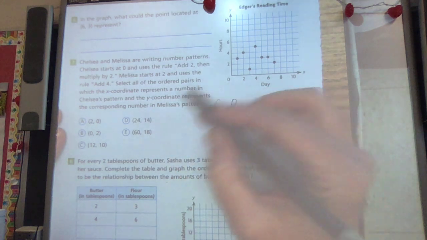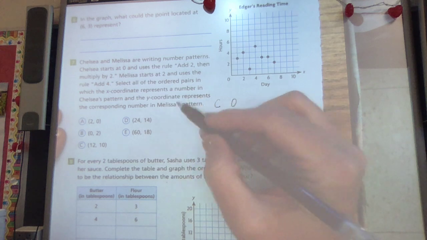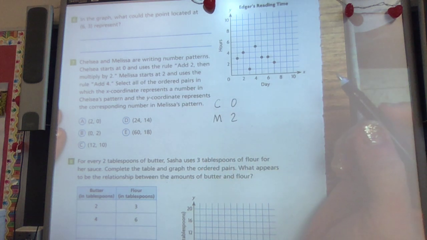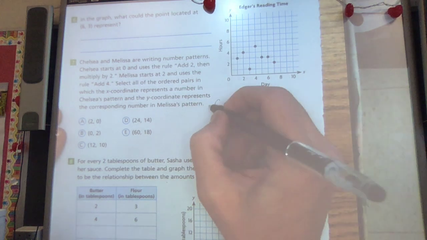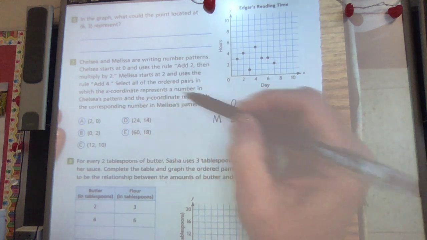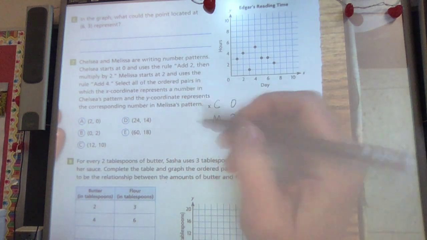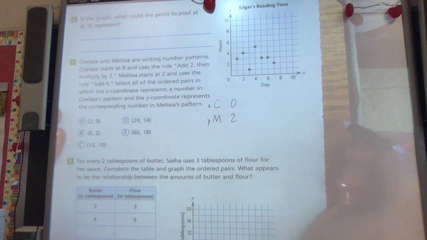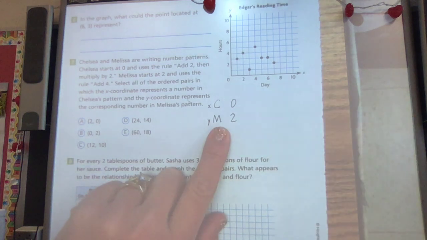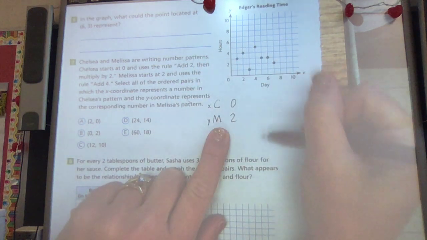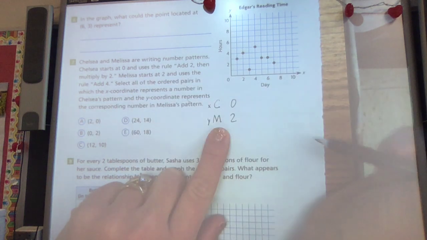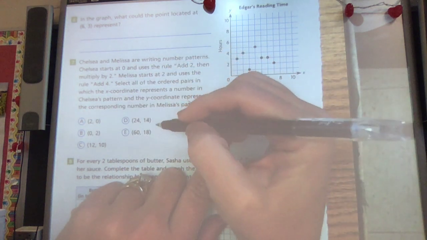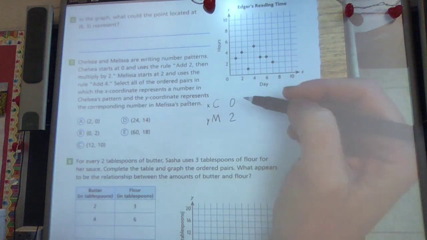Select all the ordered pairs that could be in their pattern. And it tells me that the x coordinate is Chelsea, the y coordinate is Melissa. So you need to follow their pattern, write their ordered pairs, and see how many. There's more than one. Select all that do that.